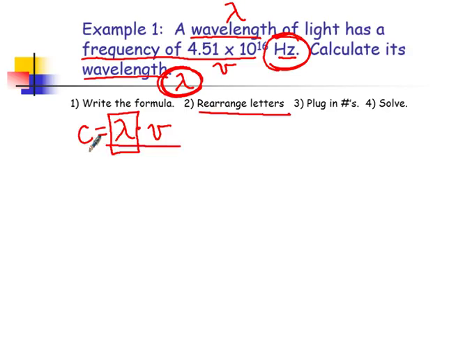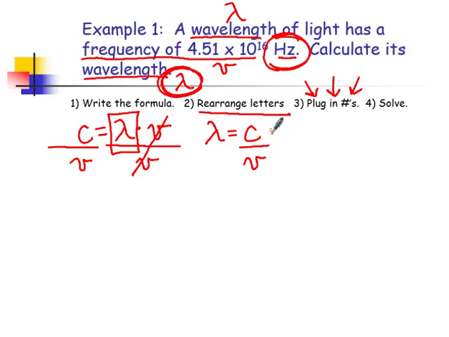It's currently being multiplied by frequency, so to get rid of it, I have to divide by frequency, and it goes away. I don't know if it's because I'm a girl or because I'm a teacher, but I like to make this pretty because now it looks ugly. So I'm going to rewrite this. Wavelength is speed of light over frequency. Now I'm ready for step 3. Let's plug in our numbers. Well, we said a moment ago up on top of your page that c is equal to the speed of light.